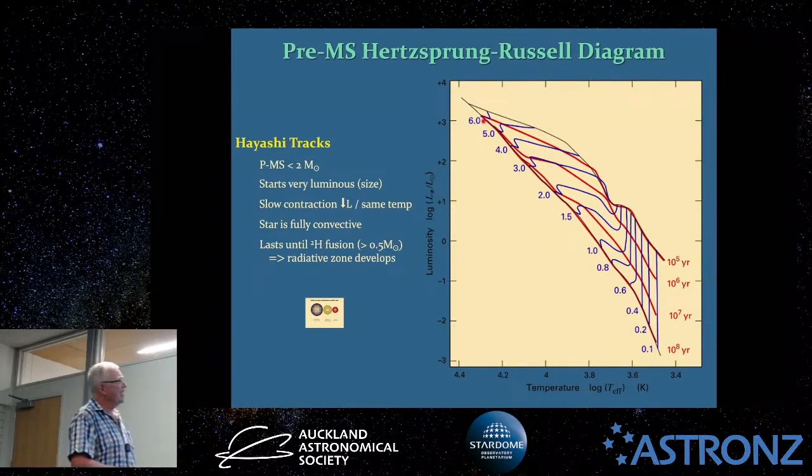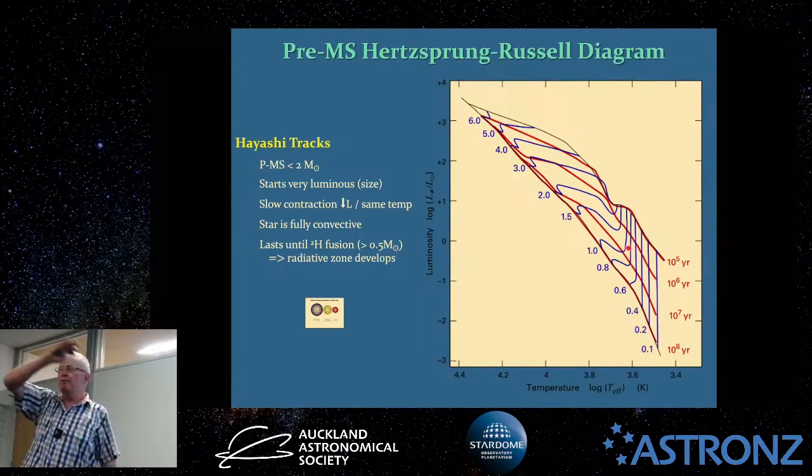So the Hayashi tracks apply to all stars less than 2 solar masses. And here's 2 solar masses, so notice how they all have these verticals going on here, whereby a star starting off relatively bright for its mass on the way to the main sequence starts getting dimmer and dimmer and dimmer, but its surface temperature remains the same. And when a pre-main sequence star is on a Hayashi track going down an evolutionary path, that tells you the whole star is going through full convection.